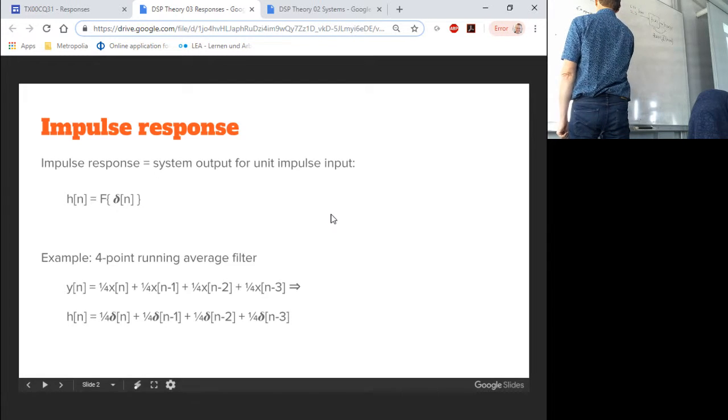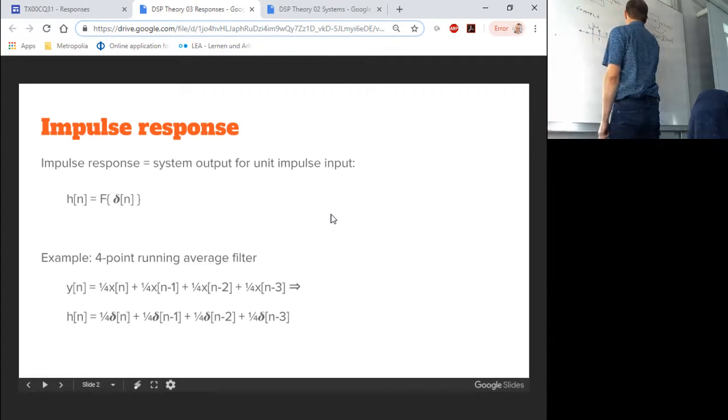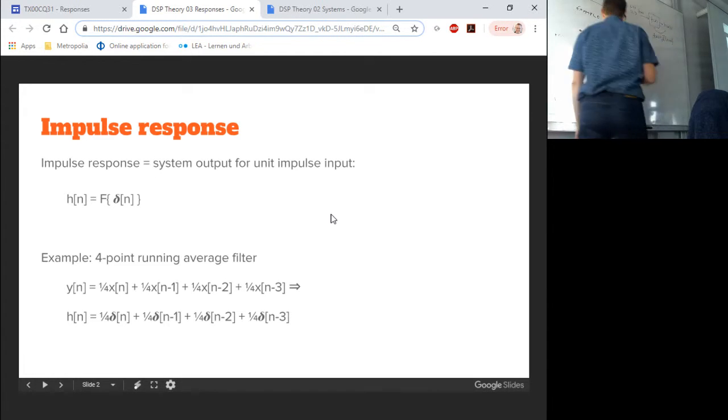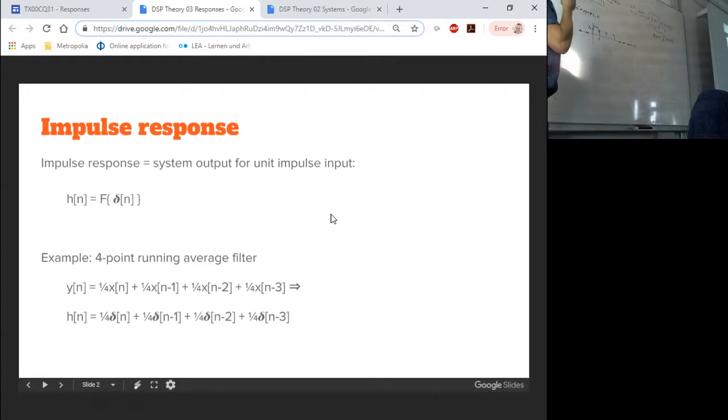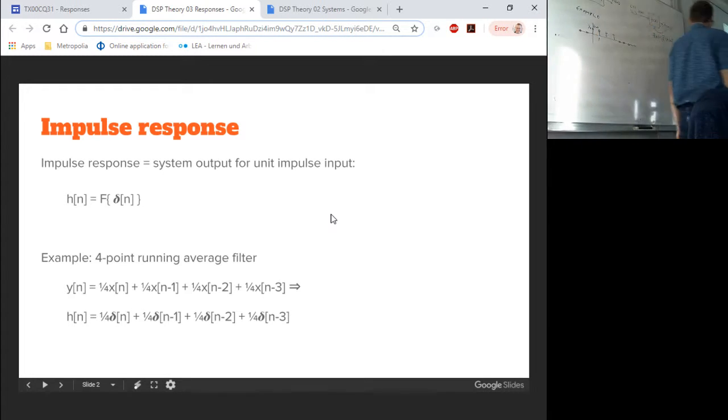So the impulse response of the 4-point running average system looks like that. Discrete sequence.